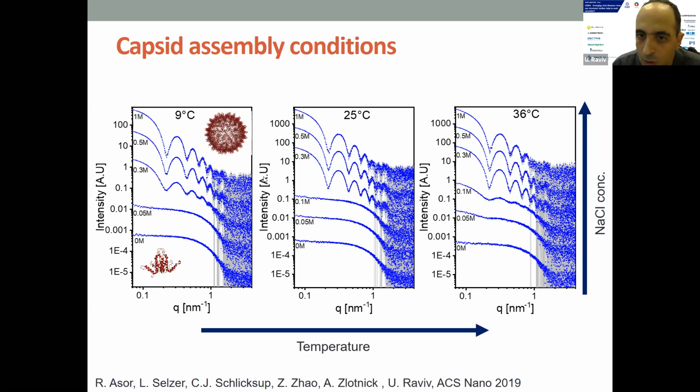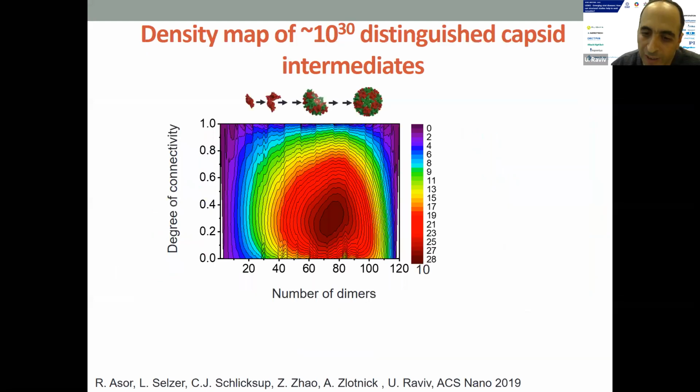So in order to know what are all of these structures that can explain this data, what Eso did here, the first author, he did simulation, because now, as I said, there are 10 to the 30 distinguishable intermediates. This number is also coming from Roi's simulations.